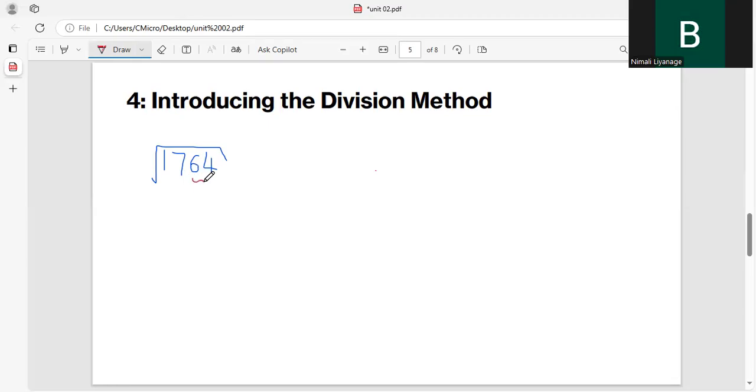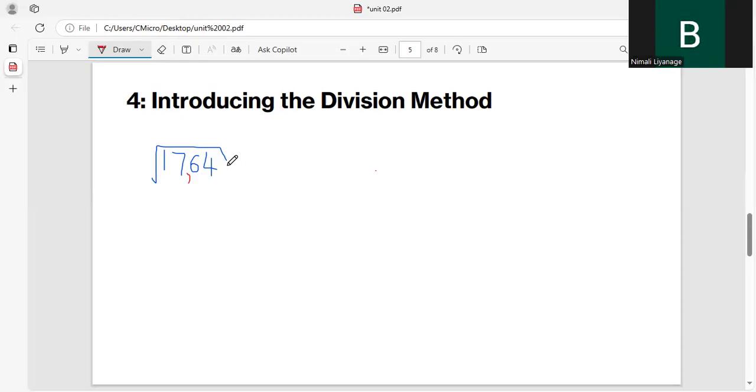This pair is first. We start the pairing from the decimal point. Okay. Then what do we do? Separate the digits into pairs.